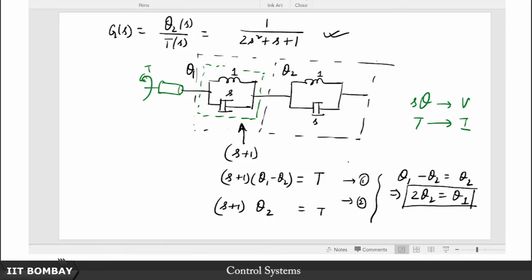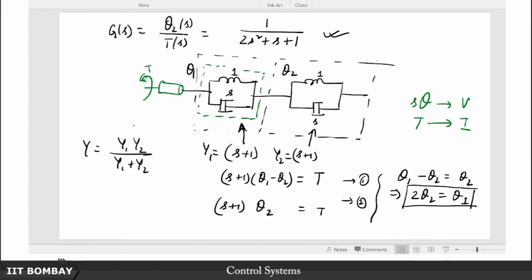Why is it important? Because now we are going to reduce this entire block into a single unit. How are you going to do that? Think of the series parallel equivalent. So what is the admittance? The admittance of this block is S plus 1. The admittance of this block is S plus 1. So what is the overall admittance of these two blocks? Y1 is equal to this, Y2 is equal to this. So the overall admittance Y is going to be nothing but Y1 Y2 upon Y1 plus Y2.